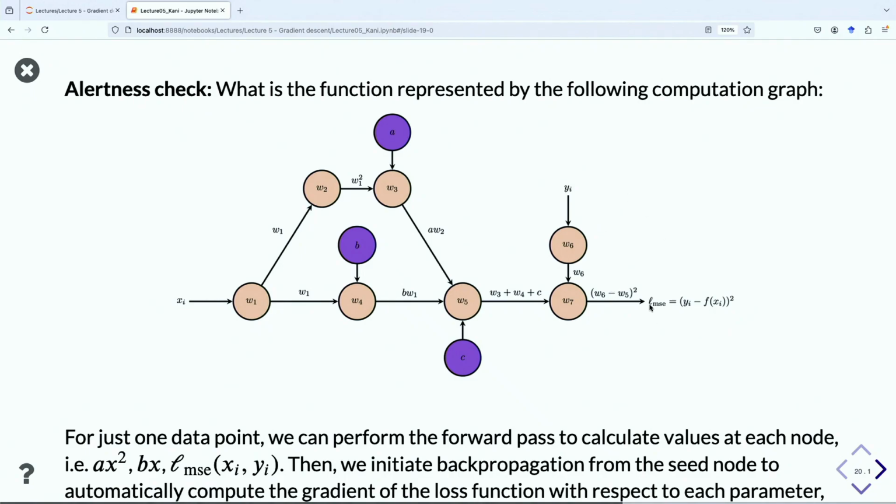And then we have this little bit at the end here. We have the objective function. We have the particular data we are trying to match, another input, and then we pass it to w7, where w7 outputs y minus this function, squared. So the total computation graph goes to this objective function.